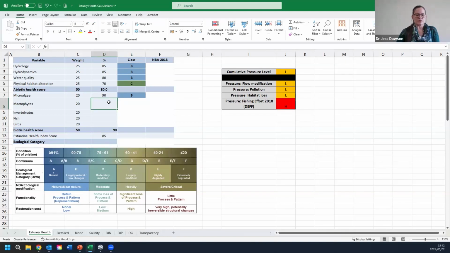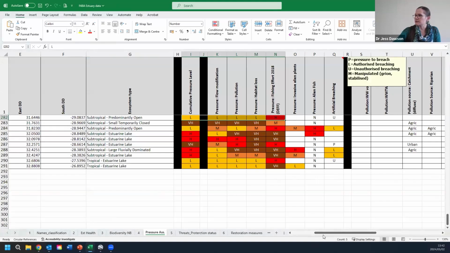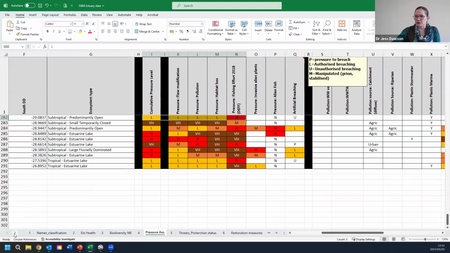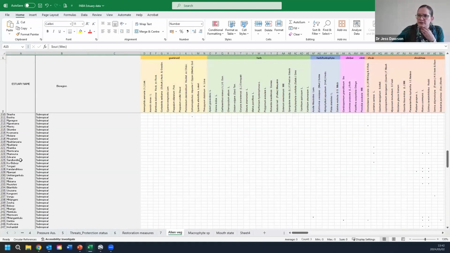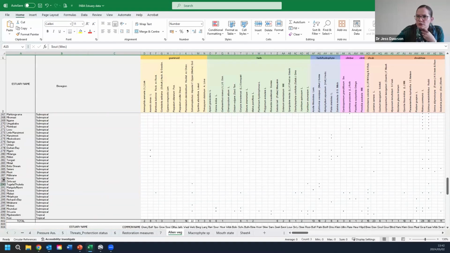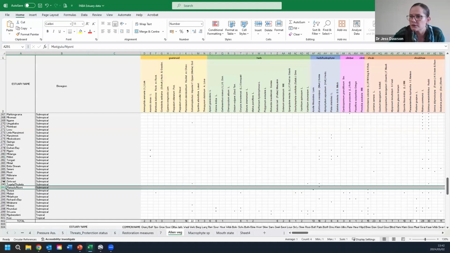Macrophytes. So these are both the vegetation on the edge of the estuarine system and within the estuarine functional zone, as well as anything within the estuary. So one of the things that I didn't transfer across from your pressure statement is alien species. So if we go and look here at alien vegetation and find our estuary, this one.